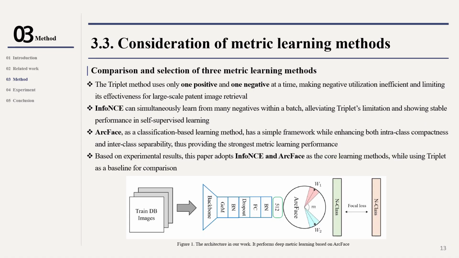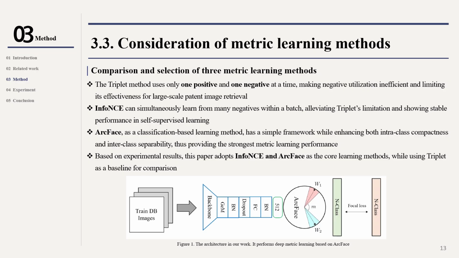The triplet method uses only one positive and one negative at a time, making negative utilization inefficient and limiting its effectiveness for large-scale patent image retrieval. InfoNCE can simultaneously learn from many negatives within a batch, alleviating triplet's limitations and showing stable performance in self-supervised learning.